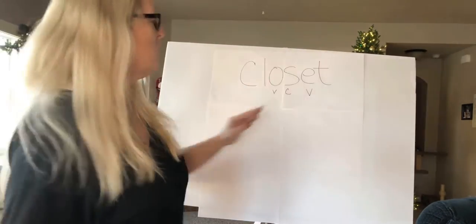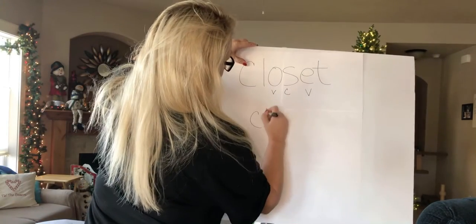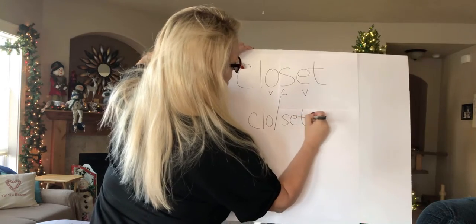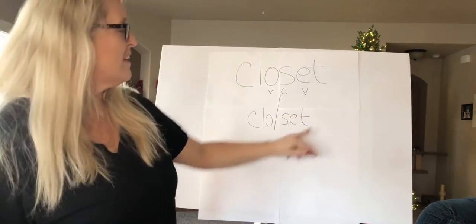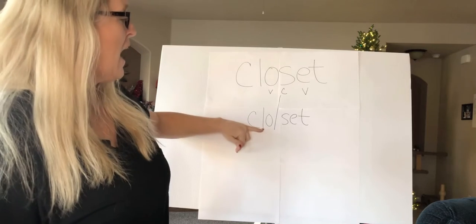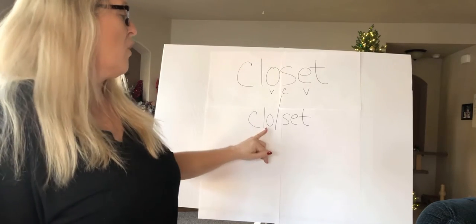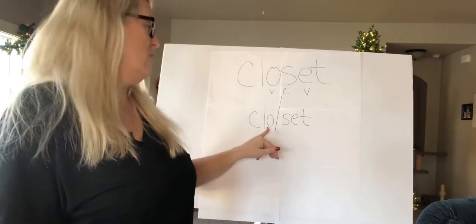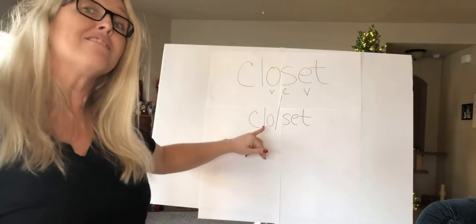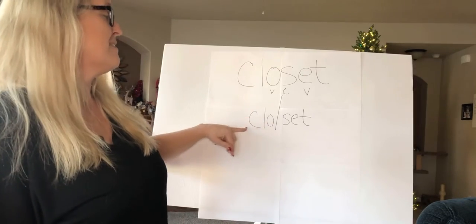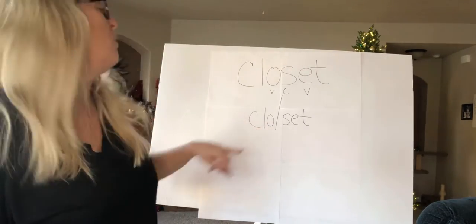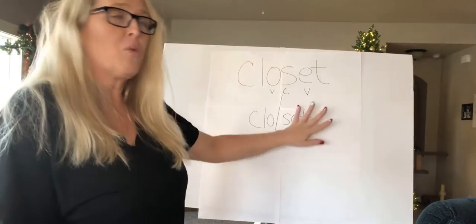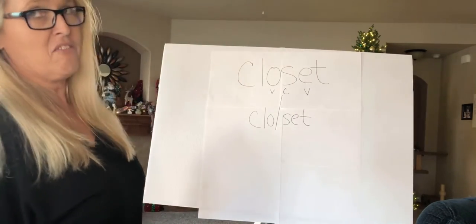So now our syllable ends in a vowel, so it's an open syllable, which means it's long. So it means that this sound is clo. All right? Let's blend our word together to make sure that we have it divided properly.